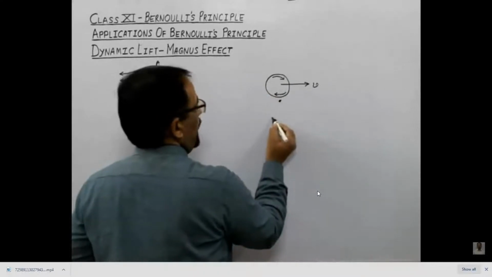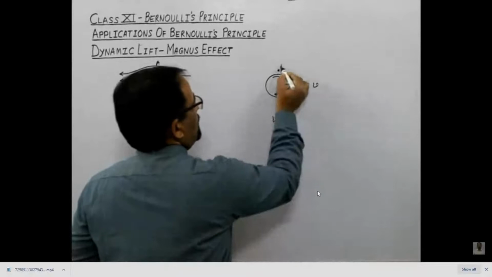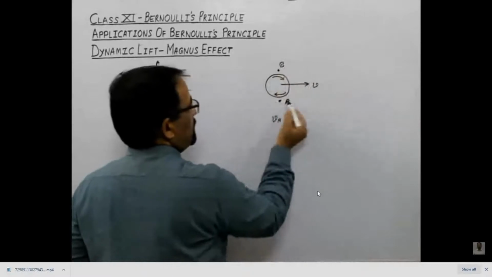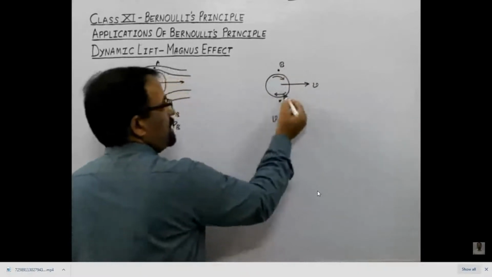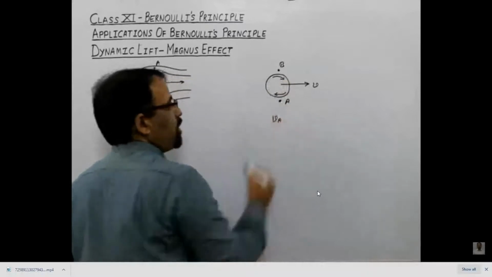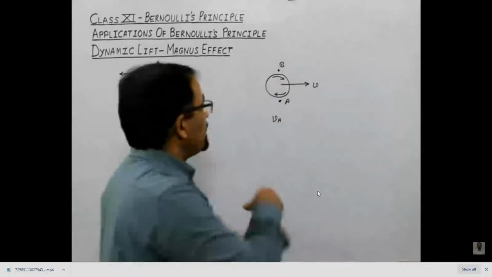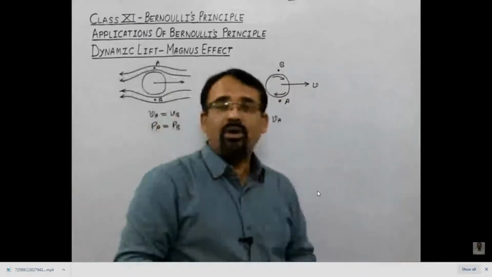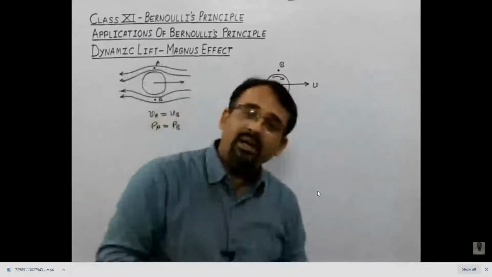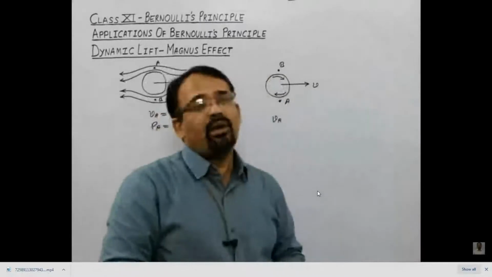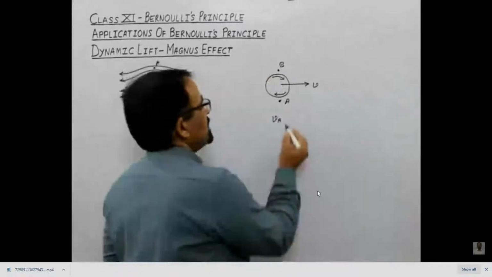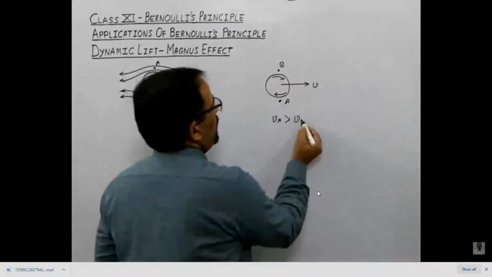So velocity will increase at point A, because the streamline and the spinning are in the same direction, and it will decrease at point B. Because at point B, the streamlines and the velocity of rotation of the ball are in opposite direction, and hence we can write that the velocity at A will become greater than that at B.